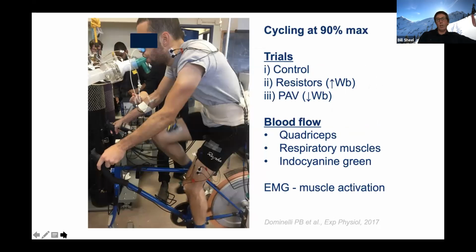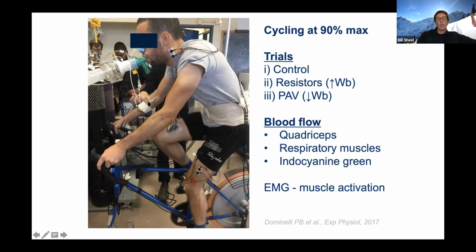So to address the question of blood flow, there's a technique shown here where we're able to assess that in multiple vascular beds. It's called indocyanine green, and hopefully you can see that. That's shown here in the arm. We're infusing indocyanine green into the venous circulation.